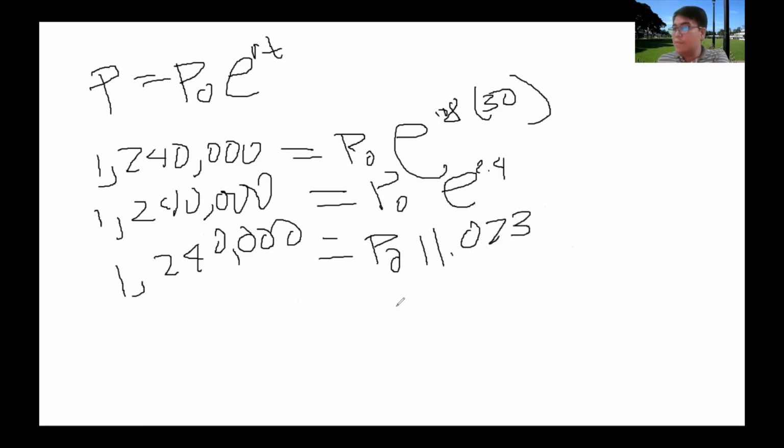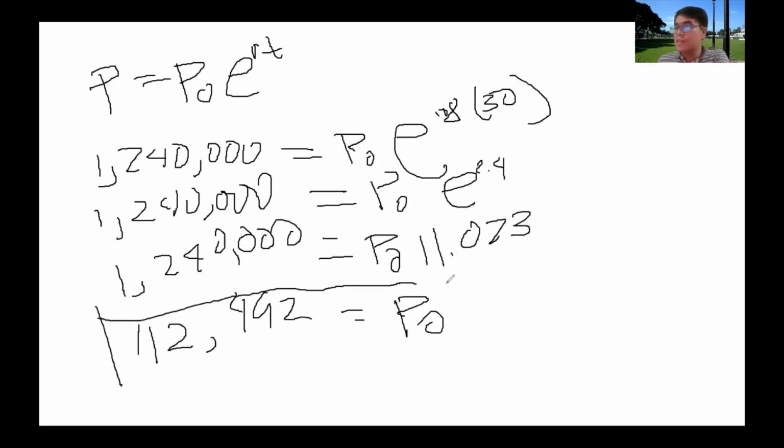So we get P sub 0 by dividing both sides by 11.023. So we get 1,240,000 divided by 11.023 is equal to 112,492. That is our solution.